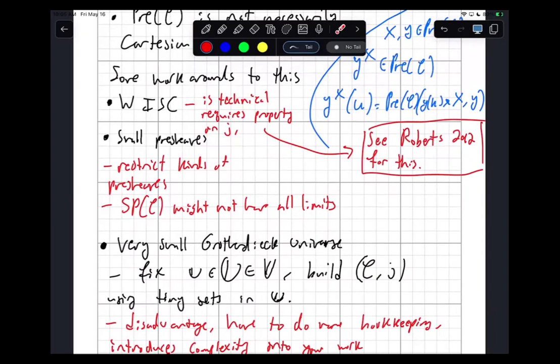That satisfies whisk, right? And even if I did the category of topological spaces, with the open cover coverage, that's a large site that satisfies whisk. Okay.